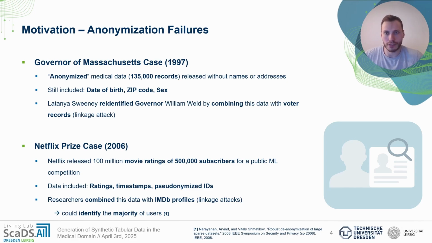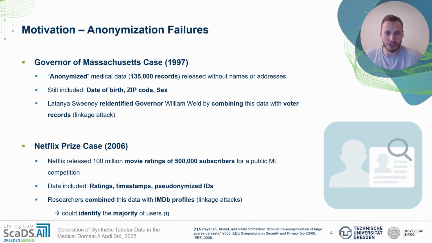For that, data of 500,000 subscribers was included. The data included ratings, the timestamps of the ratings, and IDs of the users, but not the same IDs as you would see on Netflix. So they didn't think it was problematic.